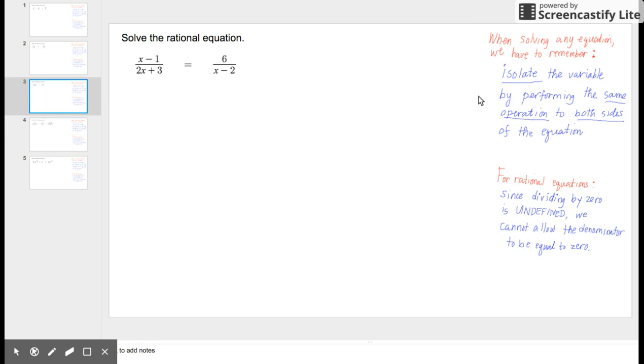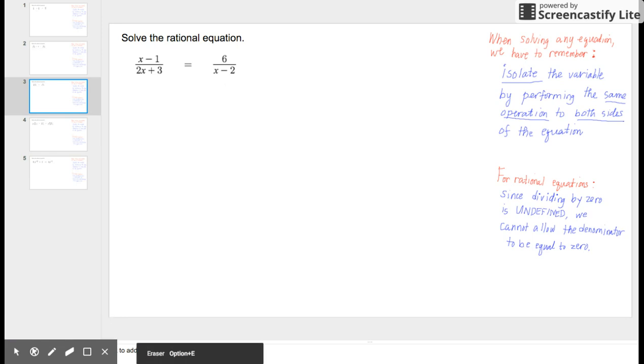Okay, so let's solve this. The denominators are not the same, so we'll attempt to factor each denominator. 2x plus 3 cannot be factored anymore. x minus 2 cannot be factored anymore.